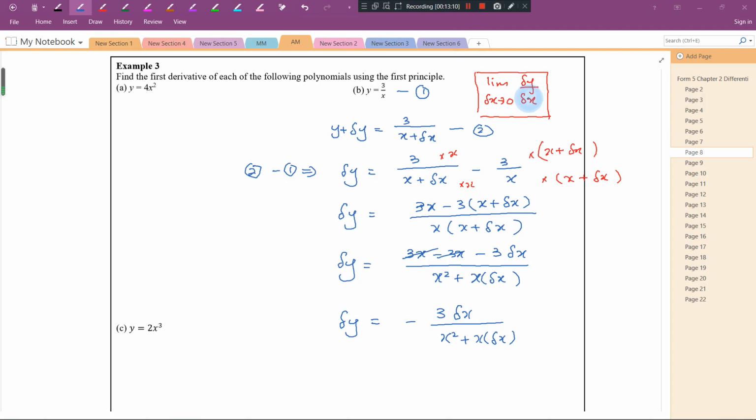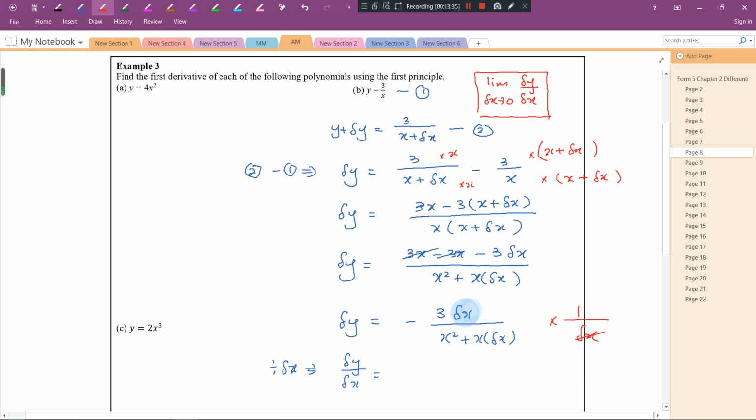The next step, we want dy over delta x, right? So we do the same thing for both sides. Divided by delta x. Here I will get delta y over delta x. This whole thing divided by delta x means times 1 over delta x.